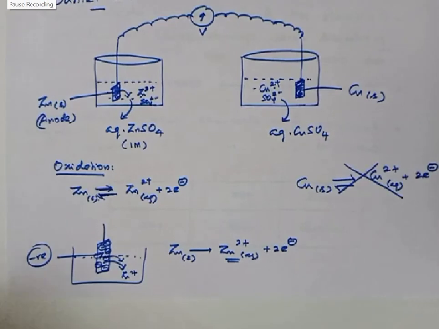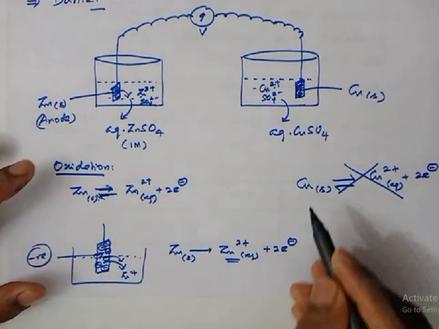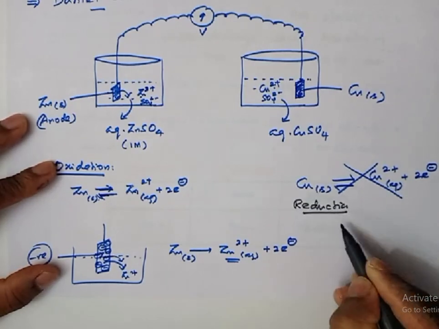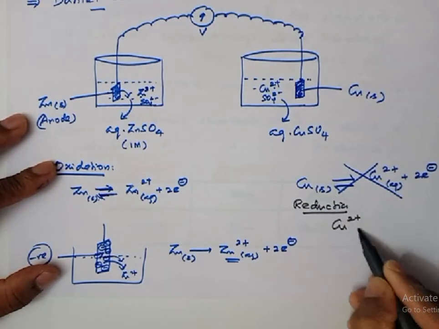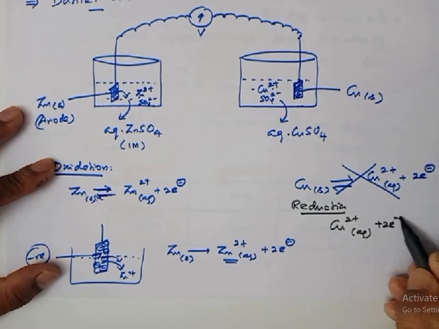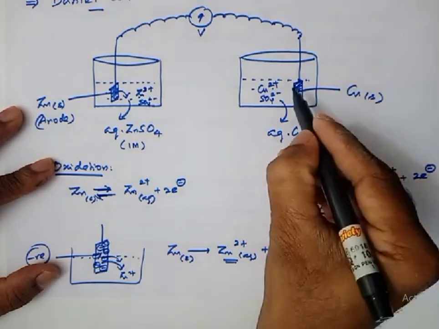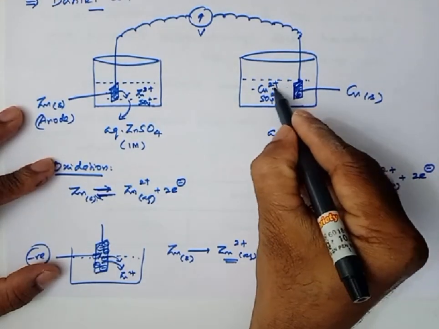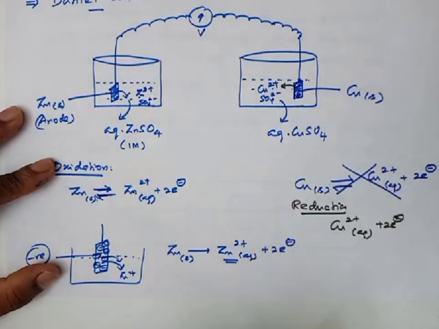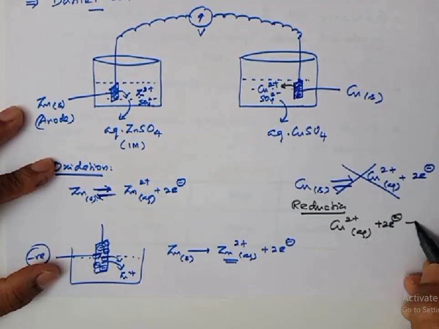What will happen? The cupric ions present in the solution, let me write here. The dominant reaction here is reduction. What is the reduction reaction that occurs? Cupric ions present in the solution gain 2 electrons from the metal. See, each cupric ion approaches the metal and gains electrons from the metal, and gets deposited on the metal.